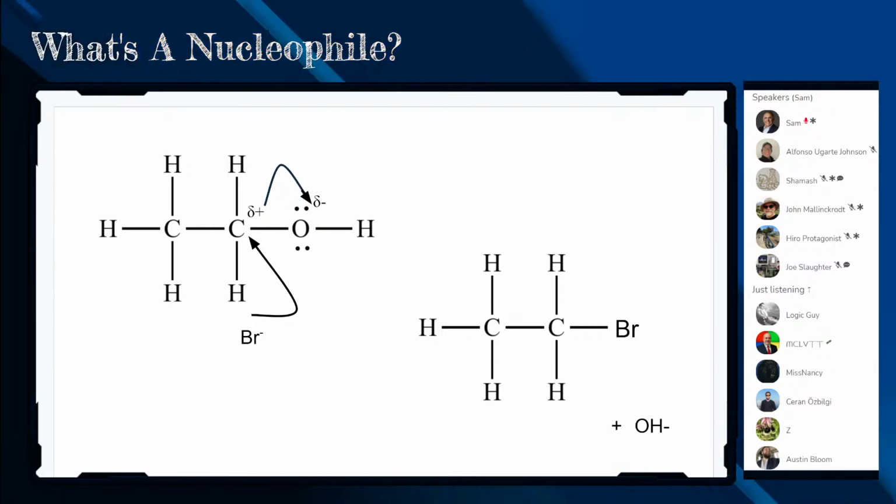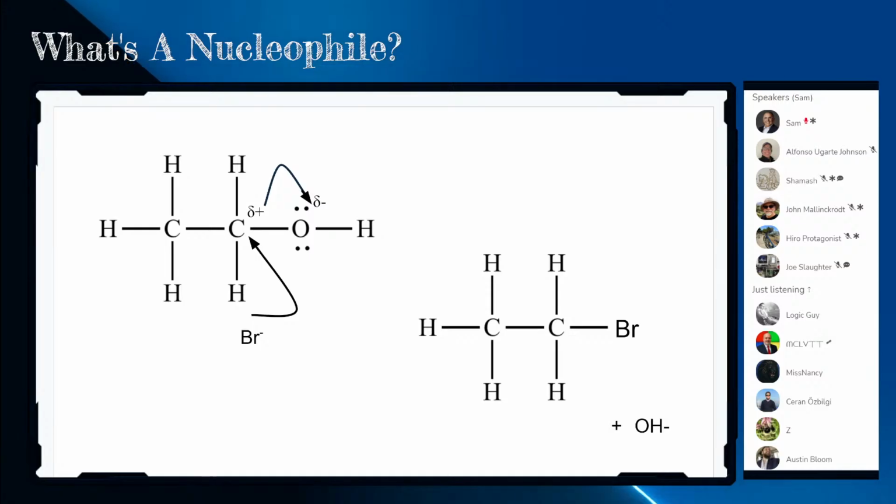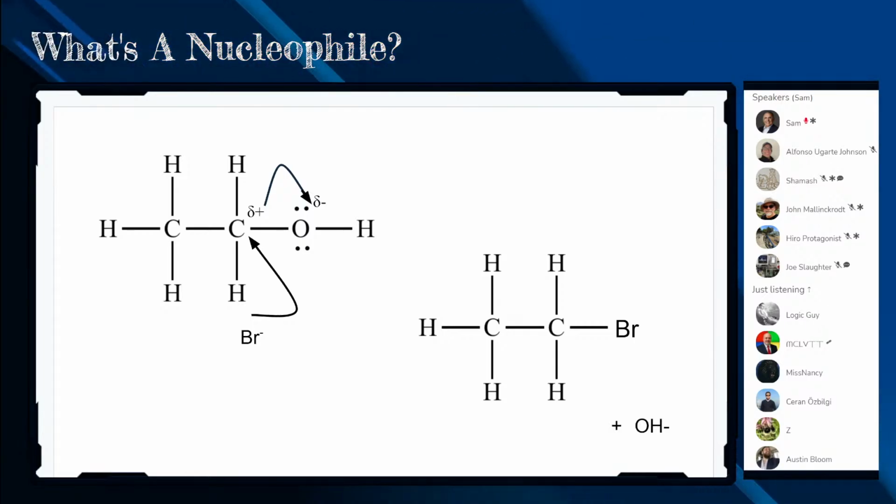HBr is a strong acid, meaning that it dissociates completely, meaning that the reverse reaction doesn't happen. That is, Br minus plus H plus don't make HBr. It's always HBr makes H plus and Br minus. So in water, that's why it's called a strong acid.